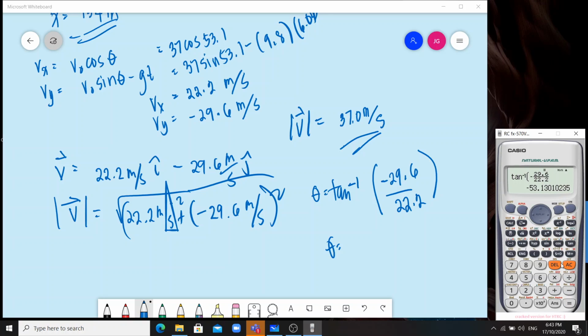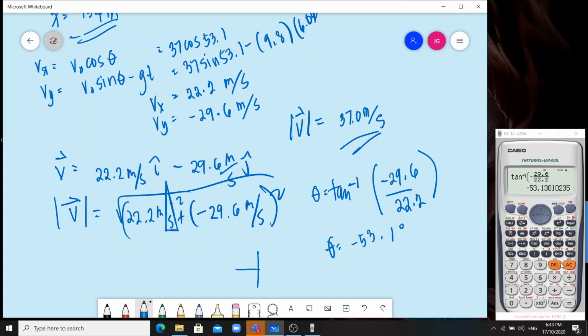Negative 53.13, negative 53.1 degrees pa din. Okay? Pababa naman na siya.